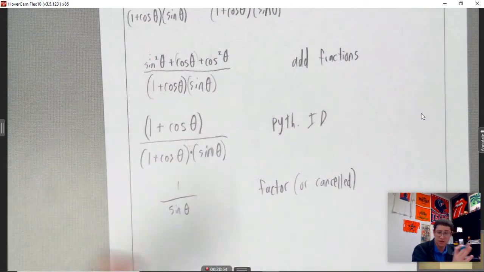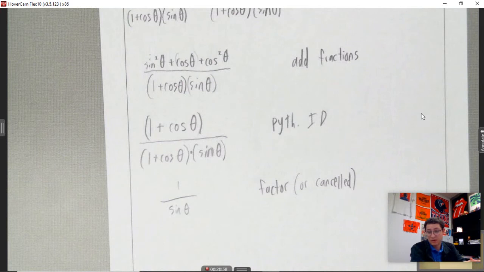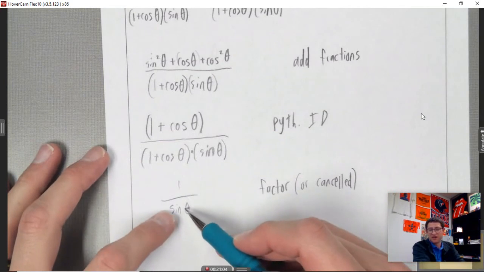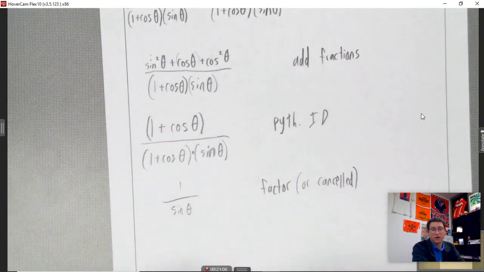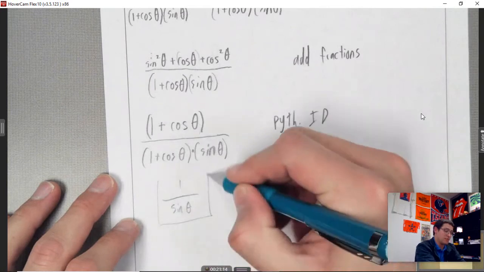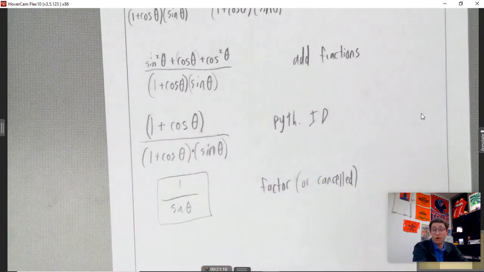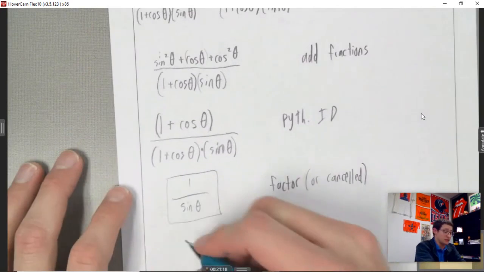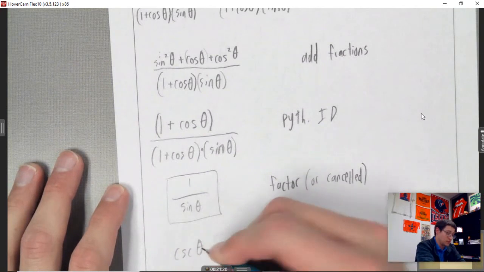Now, if you want to stop there, it's probably perfectly okay with most people. But typically, we don't want to leave something on the bottom like that. I know we say that we want everything in sine and cosine, but in this particular one, when you're just left with 1 over sine of theta, maybe you can stop there. But we know what 1 over sine of theta is, and that is cosecant. So that's cosecant of theta.